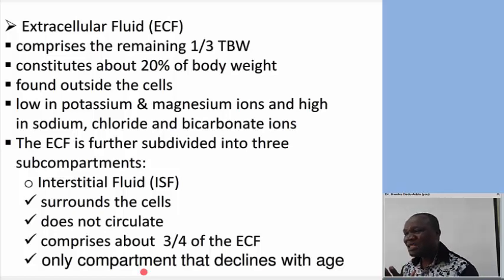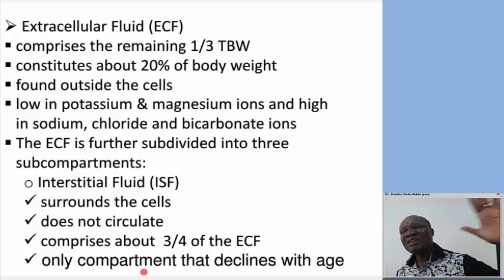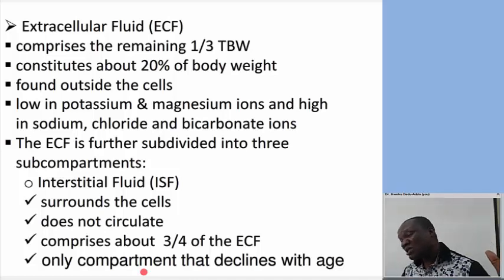So you realize that the composition of these two fluids, the intracellular and the extracellular, are at variance. When an ion is high in the intracellular fluid, it will be low in the extracellular. When it's high in the extracellular, it's low in the intracellular fluid compartments.